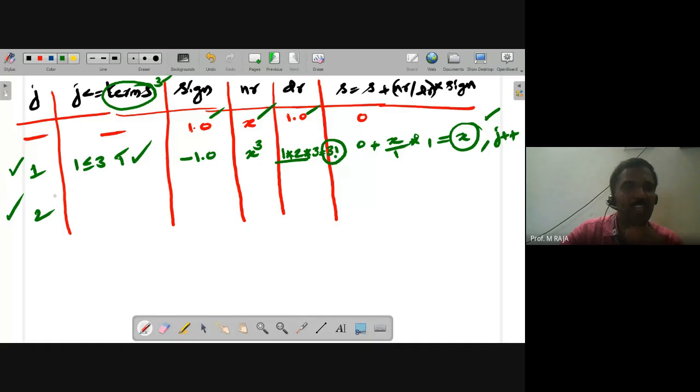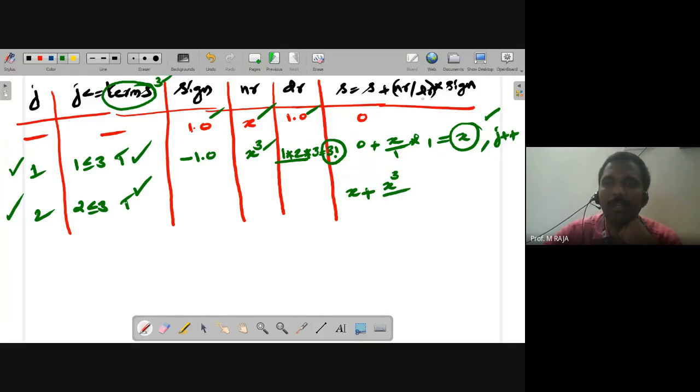j less than or equal to terms, say 2 less than or equal to terms, which is 3. Condition is true. Then updating the variable s first. s is equal to s plus. Current s is x plus numerator. Numerator is this one, x power 3 divided by this denominator.